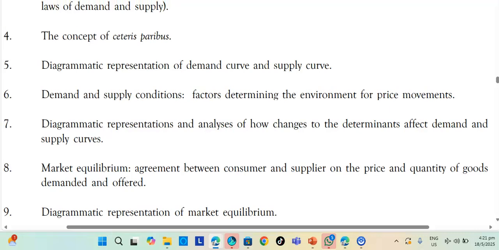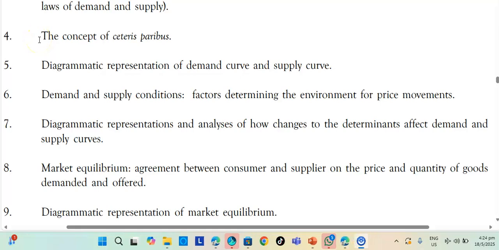Now, to look at the factors determining the environment for price movements, we're going to look at demand and supply. Now, the first thing we're going to look at is what are the factors affecting demand conditions? These factors influence how much of a product consumers are willing and able to buy.